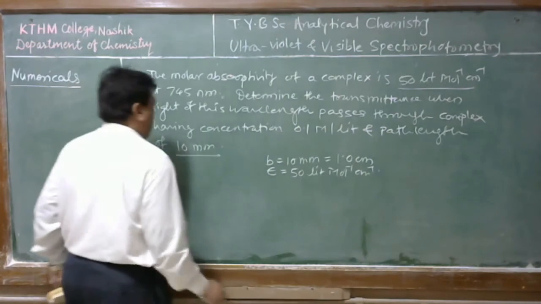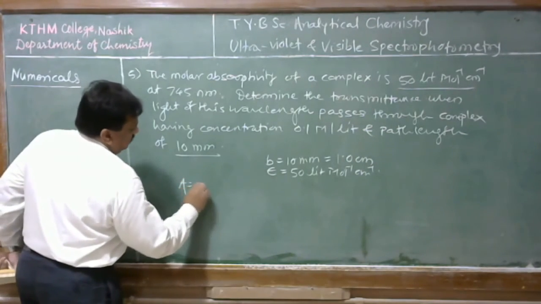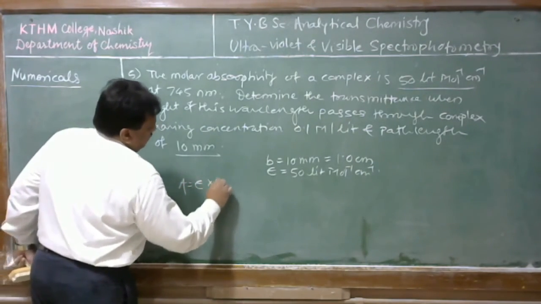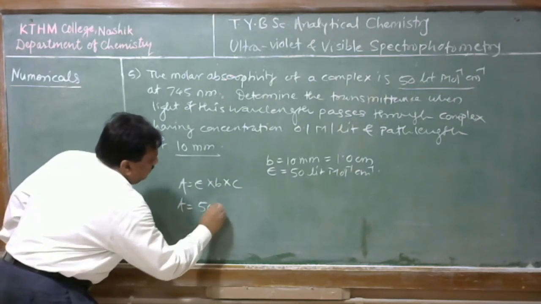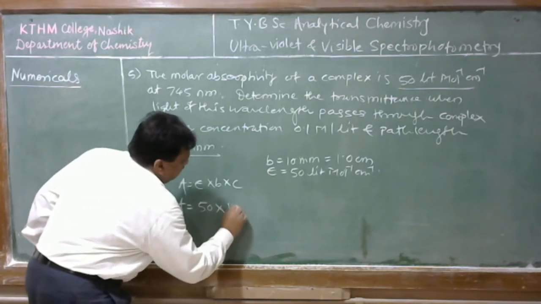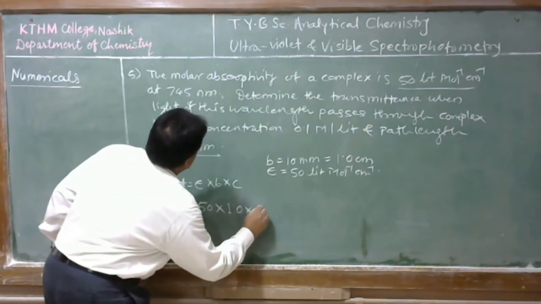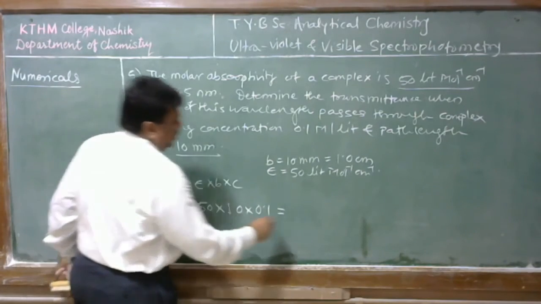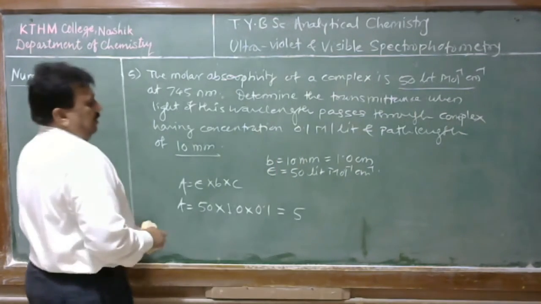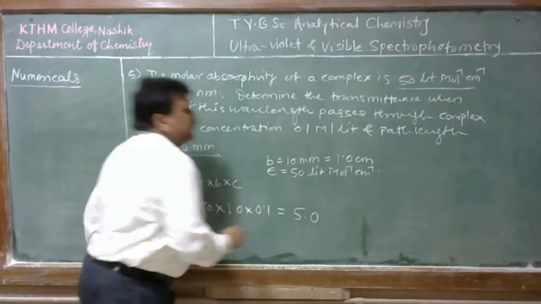Therefore, according to Lambert-Beer law, A is equal to epsilon into B into C. Here A is equal to 50 into 1 centimeter into 0.1. When we calculate this, we have this value equal to 5. Therefore, here absorbance is 5.